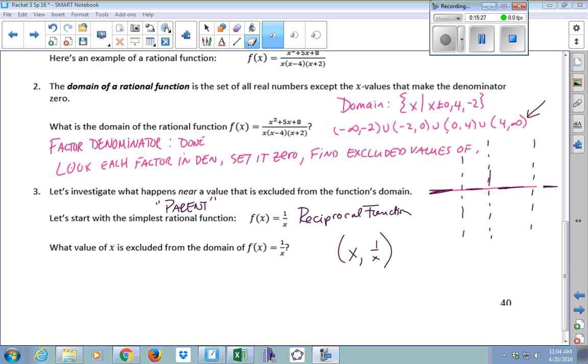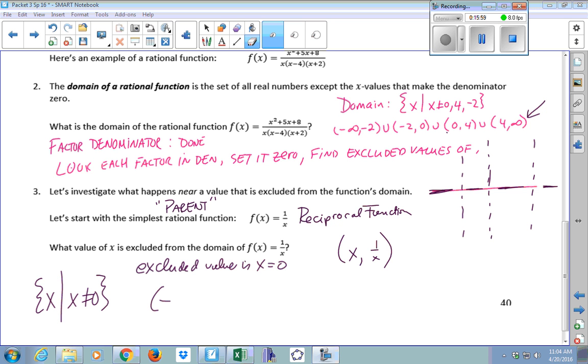There are your x and y values for this function. For this particular function, what would be the value that's excluded from the domain? x equals what? 0, right. So the excluded value is x equals 0, which means in set builder notation, my domain is the set of all x except x can't be 0.